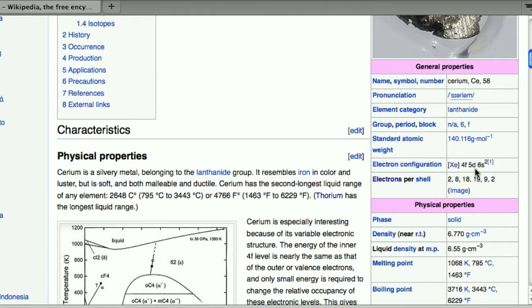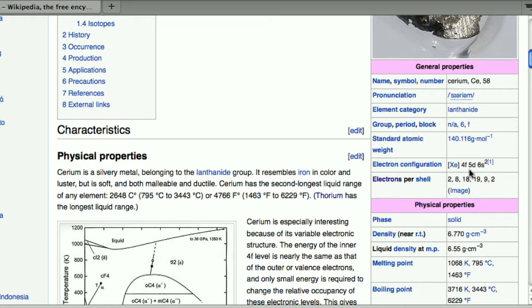So you could imagine that maybe this 5d, I think you don't have to imagine, I think it is this way, that our 5d orbital has maybe a little bit lower energy. That electron is able to penetrate a little bit further in towards the nucleus. And hopefully you understood that.